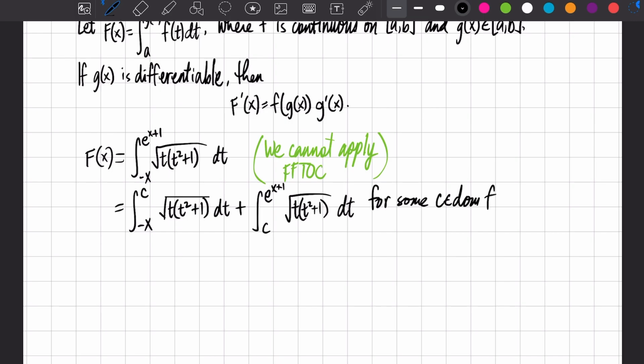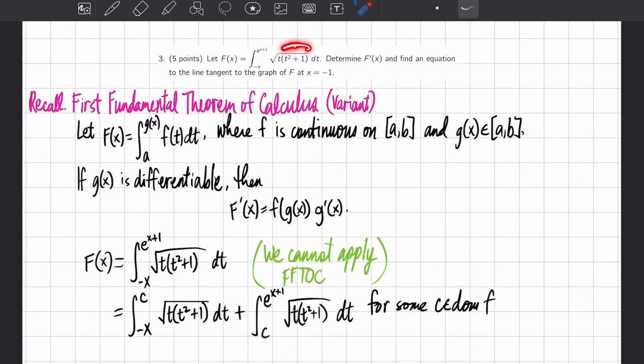So take note, the function f here is this one. So let's call this f of t.